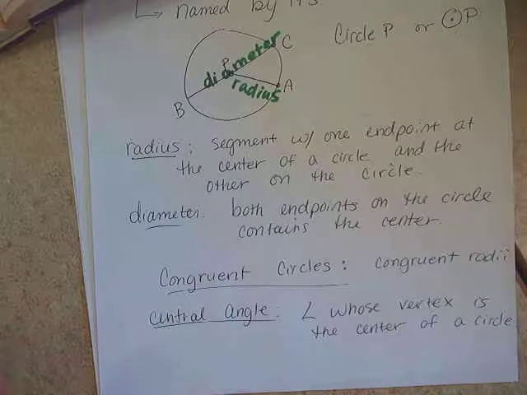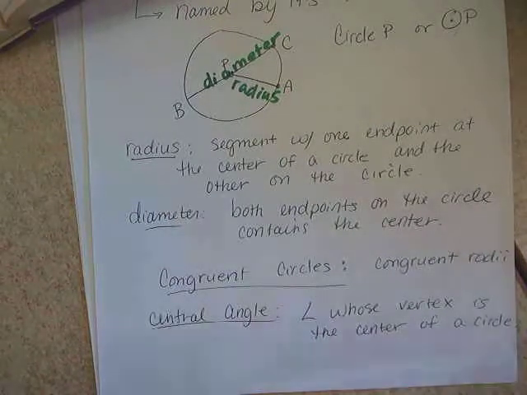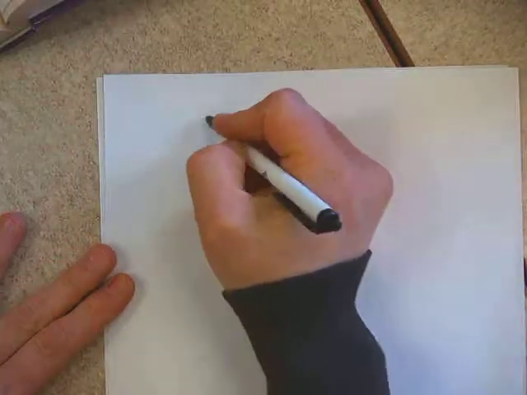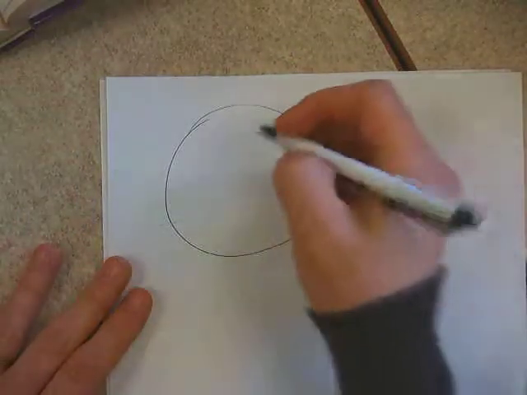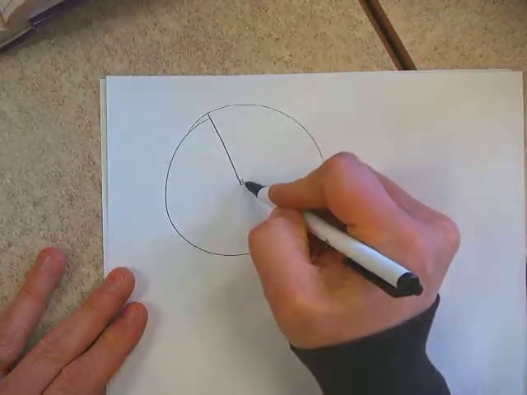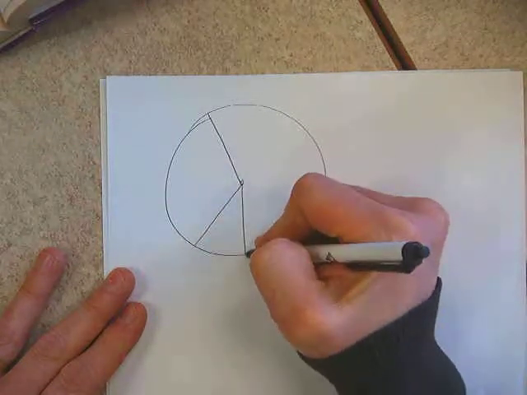All right. Now, before we do more of the vocab, because we're going to be talking about naming arcs, identifying arcs, we're going to do a common use of circles, which is a pie chart. We're not going to do every measurement, but this is one thing that you should know.